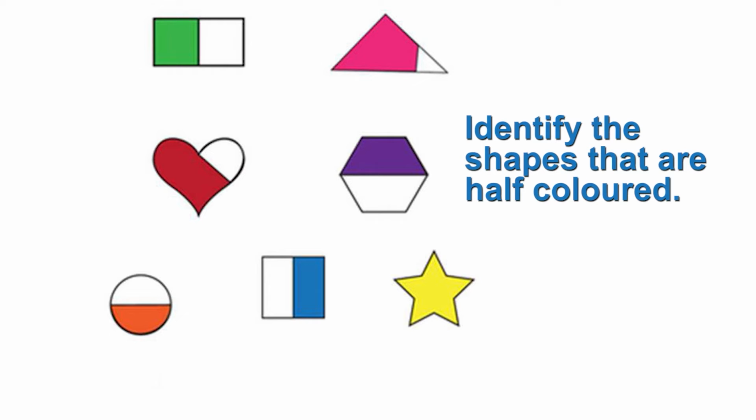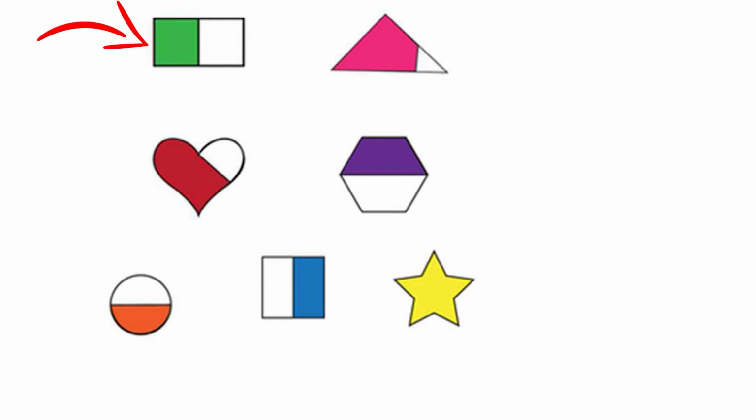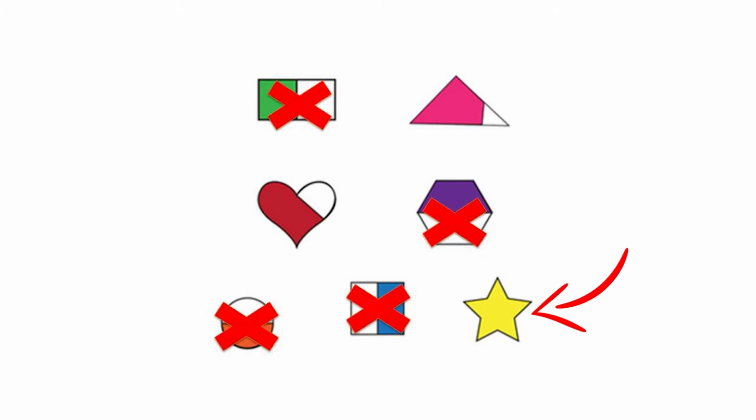Were you able to identify the shapes that are divided in halves? All right, so let's look. If you look on the screen, you're going to see the shapes that are divided in halves. We have the rectangle, the hexagon, the square, and the circle. The star is not divided in half because I colored the entire star, so that's a whole star.